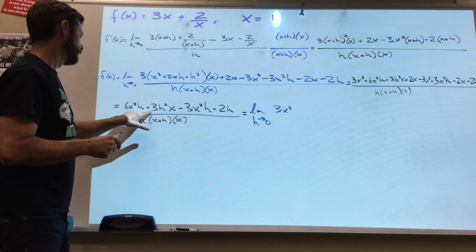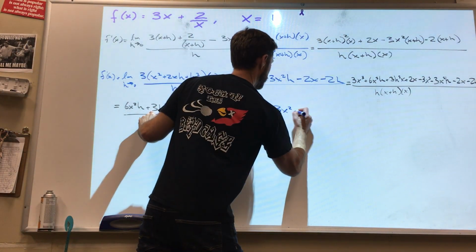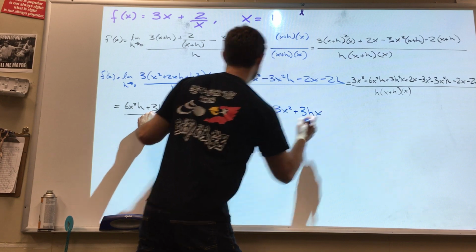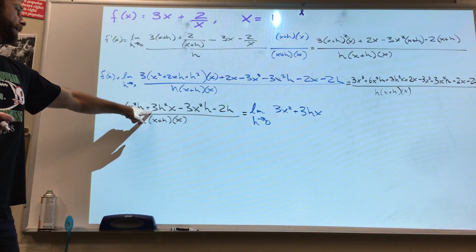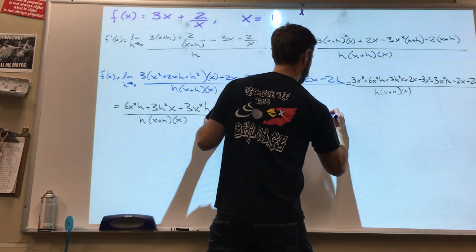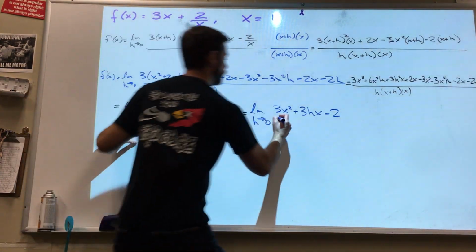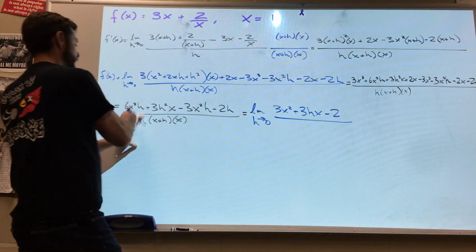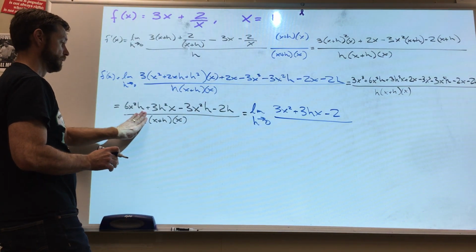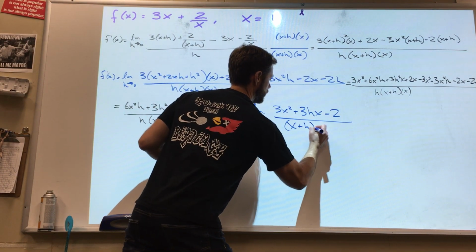Then I have a 3h squared x. So that's really a 3hx. And then I have a minus 2h, so that's now a minus 2. And that is over, we factored out the h, so this guy's gone. Now that's over x plus h times x.